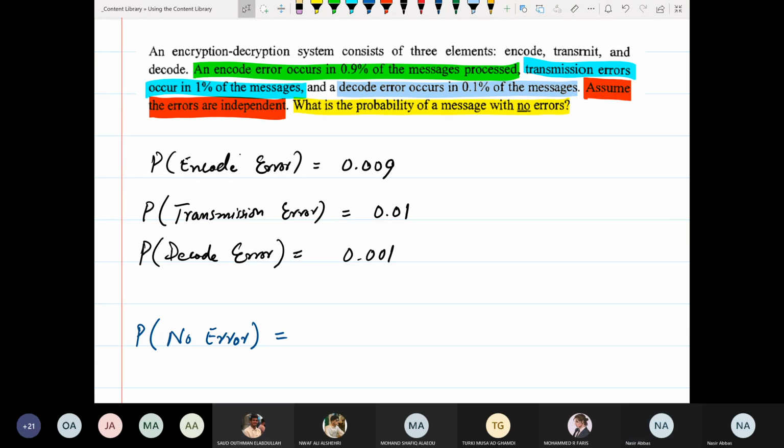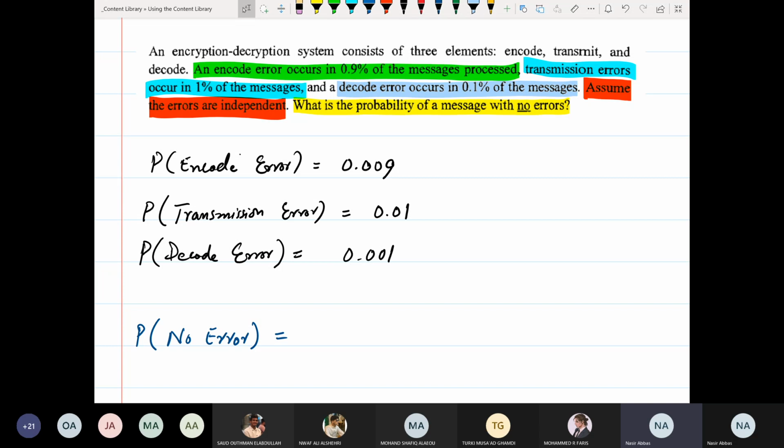Yes. So once you have identified that this is the required thing, the next thing is to check how do we proceed with the probability of no error. This can be found directly or can be found indirectly. I'm going to tell you both ways.